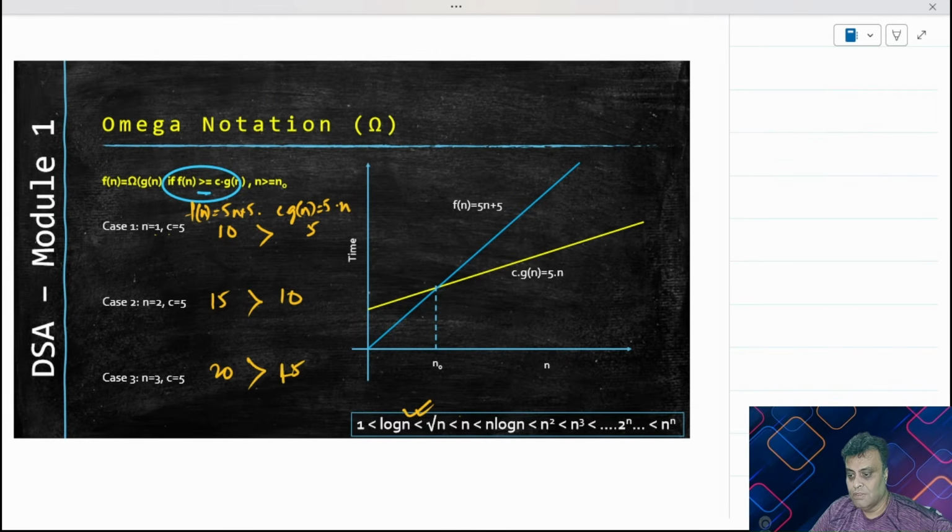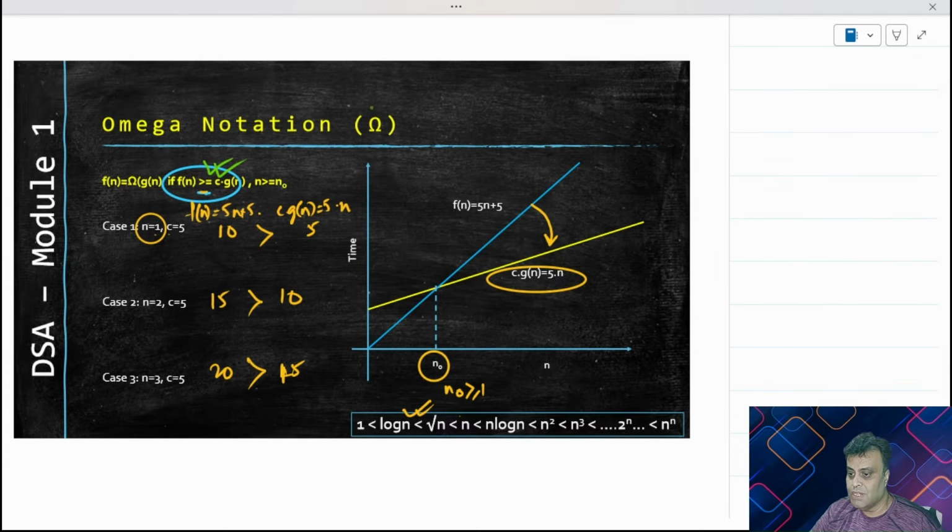So this is still greater. So we have actually satisfied this at n equal to 1 itself. That is, here we can say that at n0 greater than or equal to 1, we have this satisfaction that the CGN will be lower than this Fn. And when we say that it is lower, then we have satisfied this.